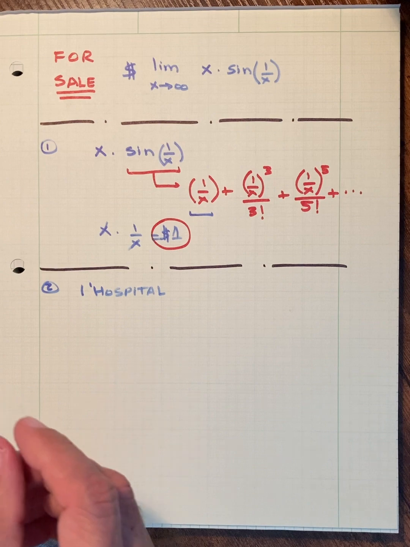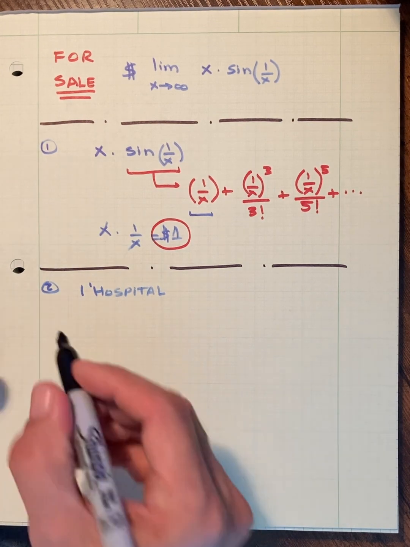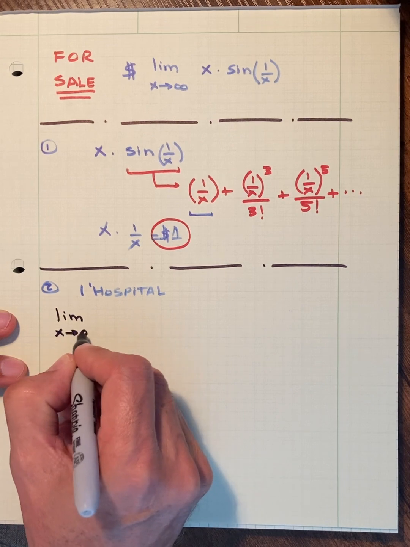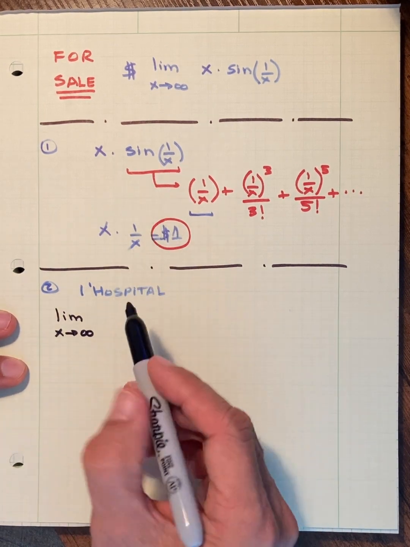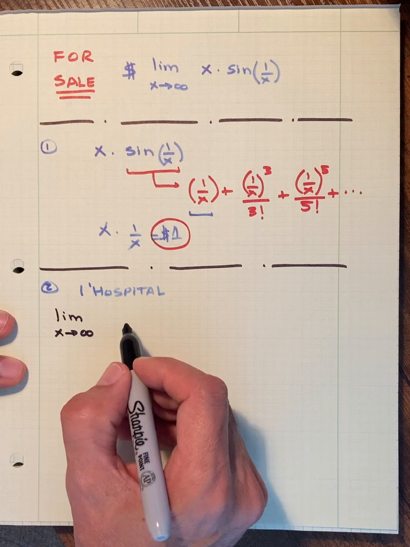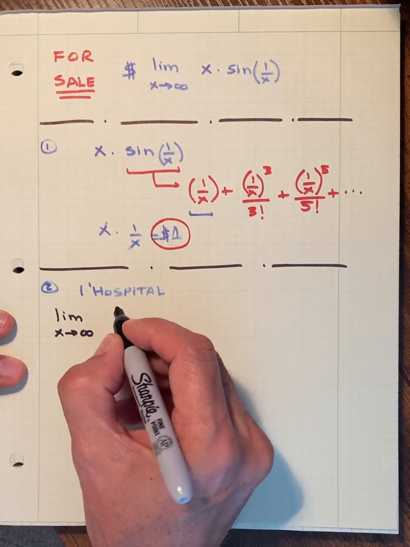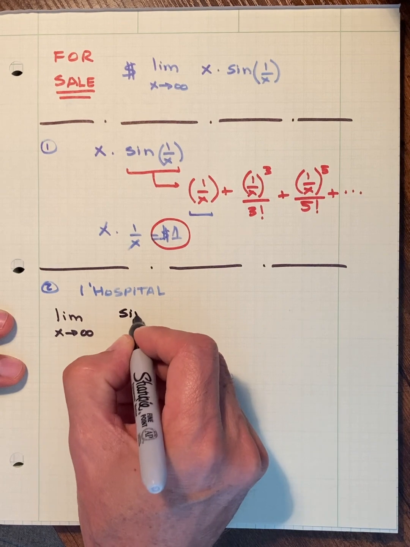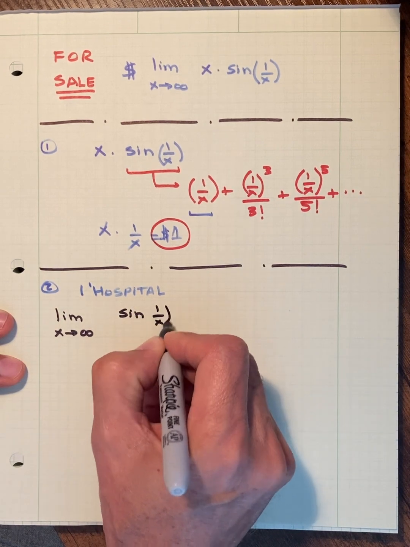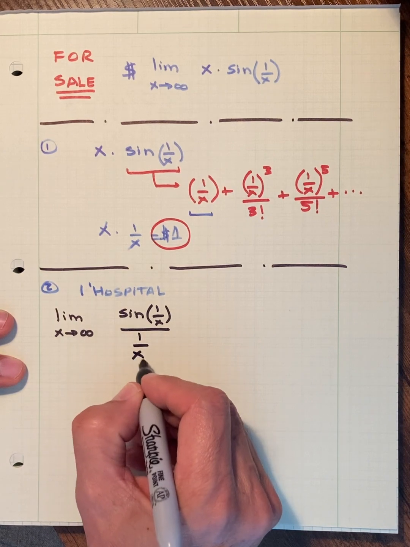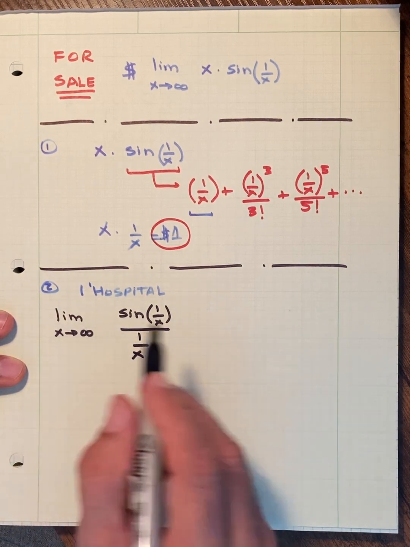If you remember, L'Hopital's rule gives us that the limit of x going to infinity of a particular expression is the derivative of the numerator and the derivative of the denominator. We don't have that here, but in a way we do. We can rewrite our expression in this way. This now becomes 1 over 1 over x, which is a funny way to write it, but it works for our purposes.